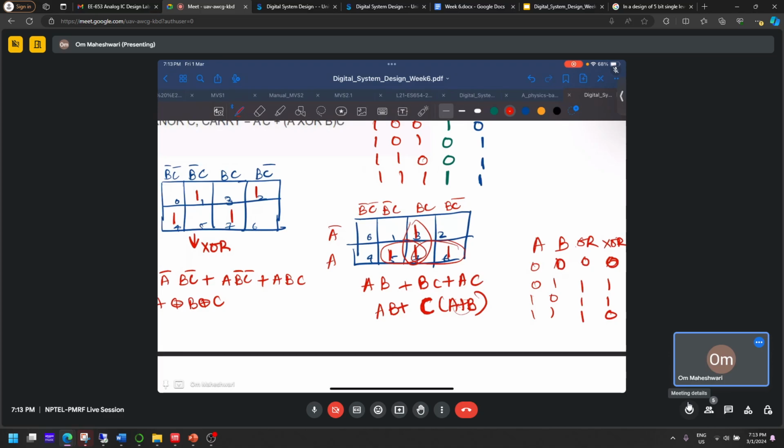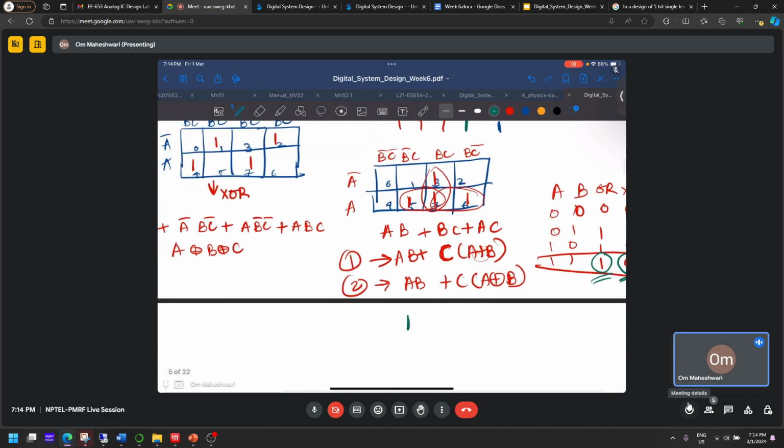Now let us take the first case, AB plus C times (A OR B), and the second case, AB plus C times (A XOR B). What is the answer for this case? Only in this case do OR and XOR differ.